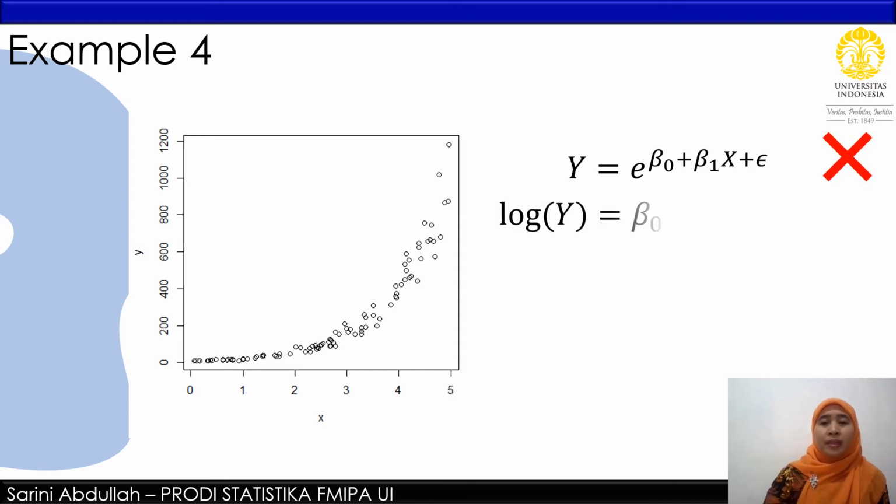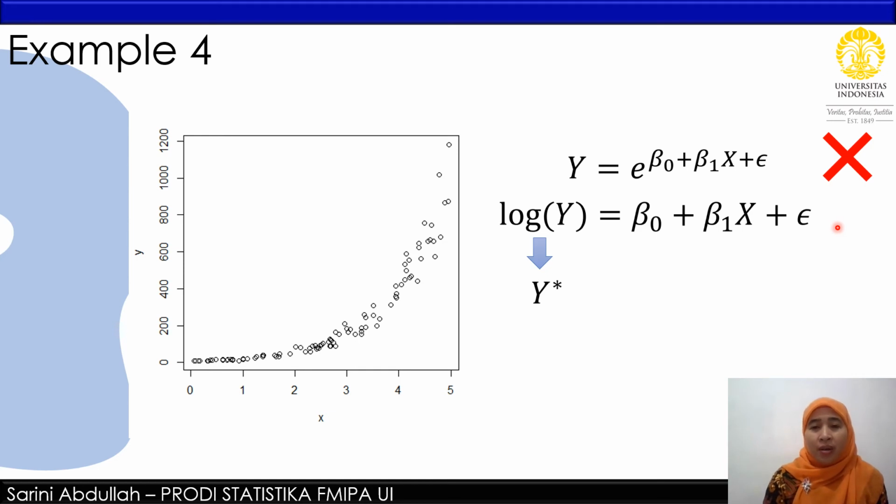But if we do a little bit of transformation, like applying the logarithm transformation on both sides, we get this formulation. Then we think of the logarithm of y as our new response, that is y star.